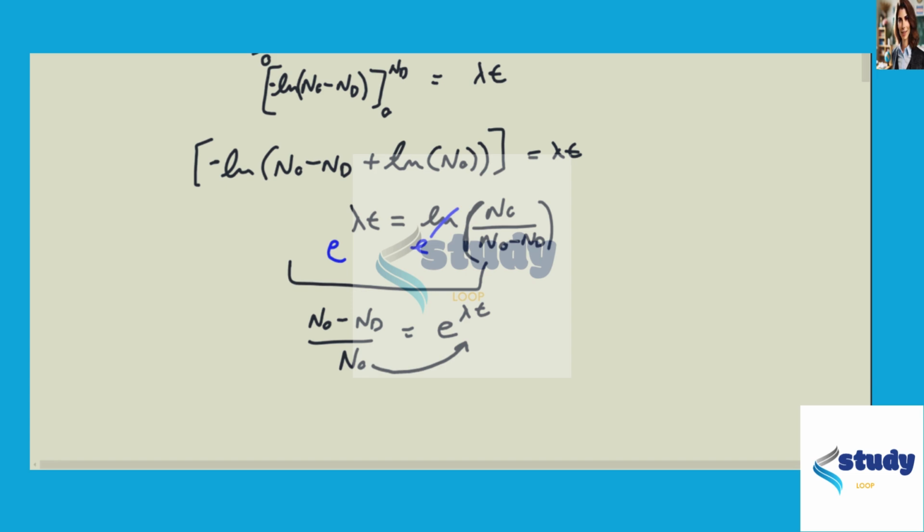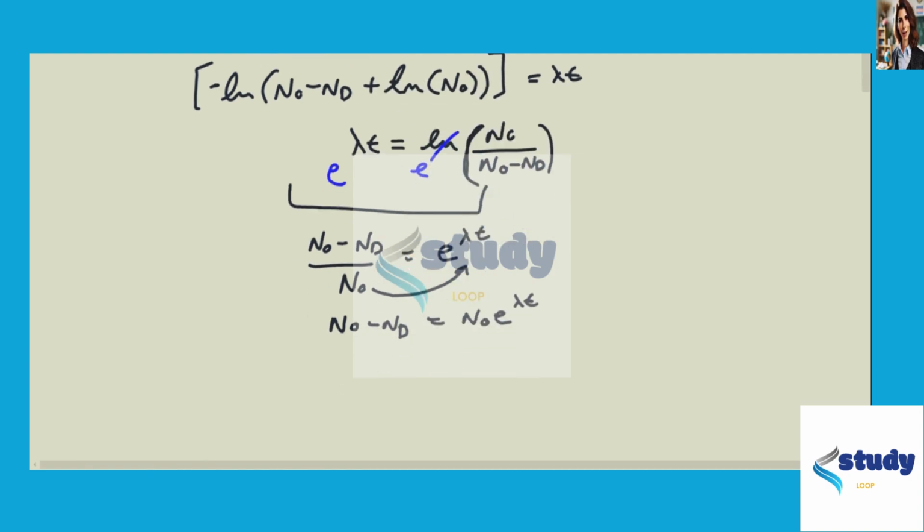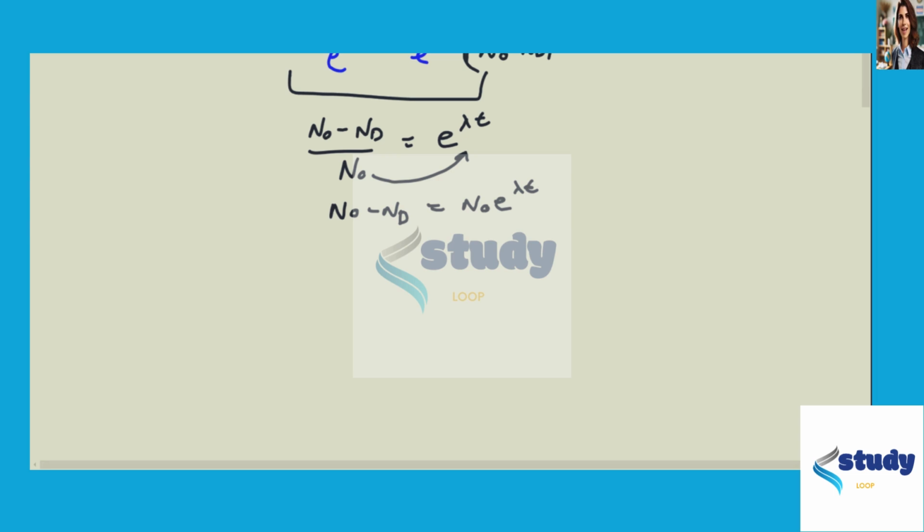And when we do that, we have initial daughter equals initial times e to the lambda times T. I'm going to keep going down.